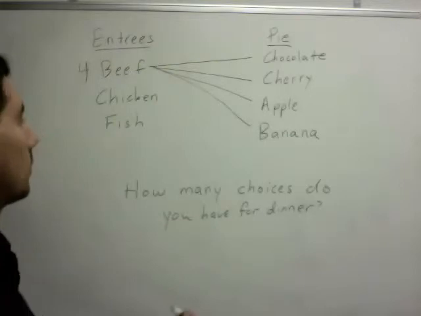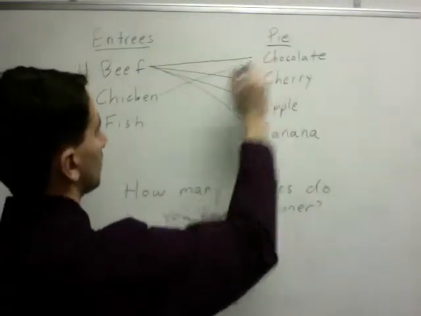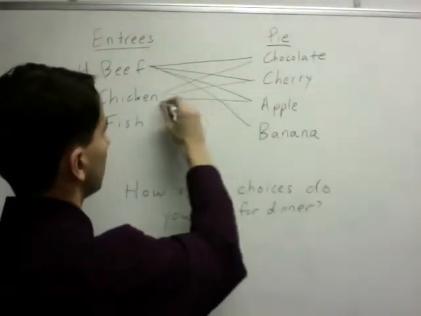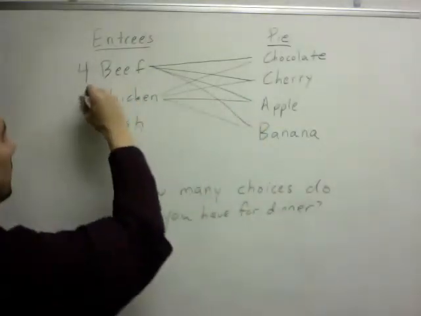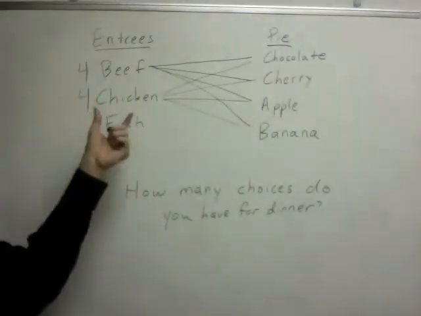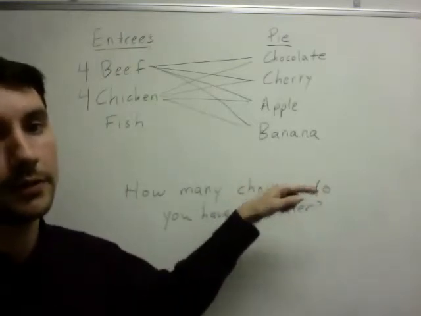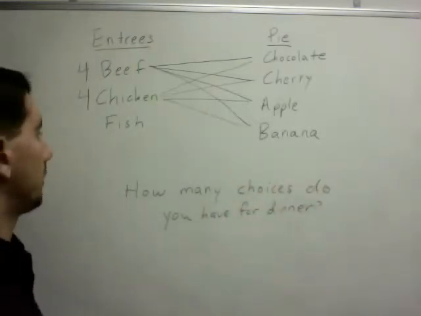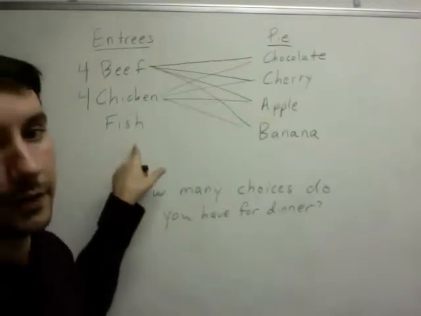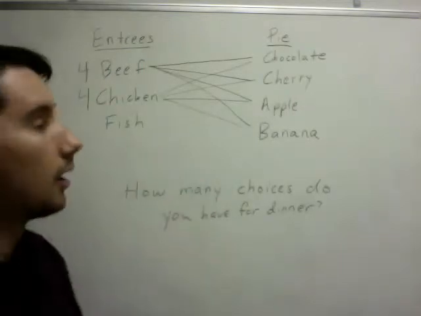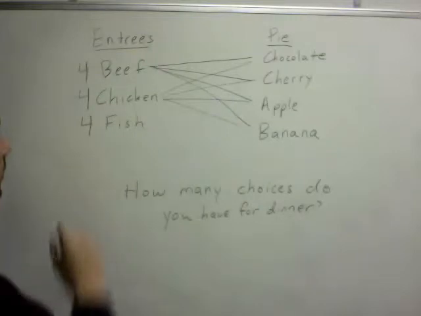What about chicken? If you choose chicken, you can do chicken and chocolate, chicken and cherry, chicken and apple, or chicken and banana. Same thing, there's 4 choices. And obviously the same thing holds for fish. If you choose fish, you're going to have a total of 4 dinners that you can make.